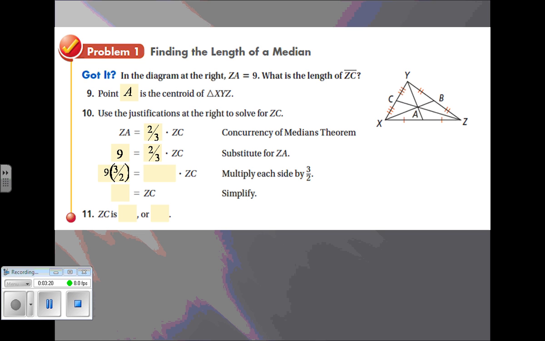So 9 times 3 divided by 2, and then 2/3 times 3 halves gives me 1. So CZ will equal 27 halves, or 13.5. So the formula here is basically that the distance from the vertex to the centroid point is 2/3 the entire median.